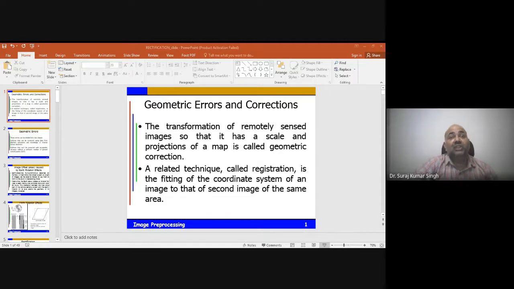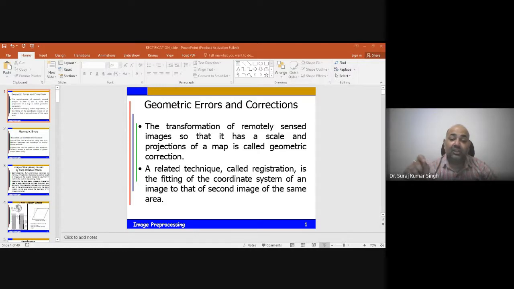So how is that output spatial location generated from your rectified image? So small x and small y are the source coordinate input, those pixel locations that were identified from your satellite image. Then x and y is the source coordinate system.